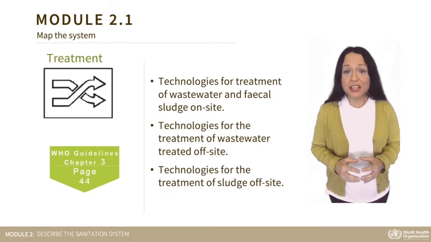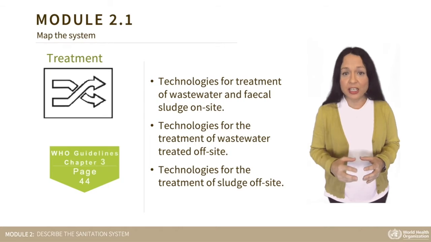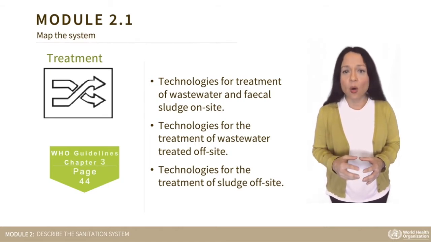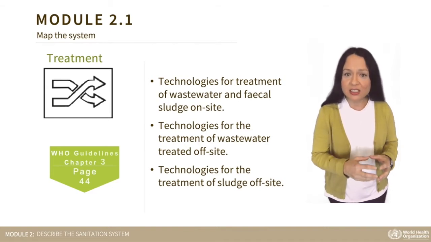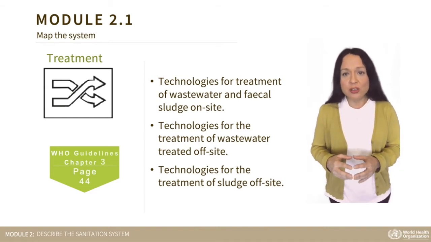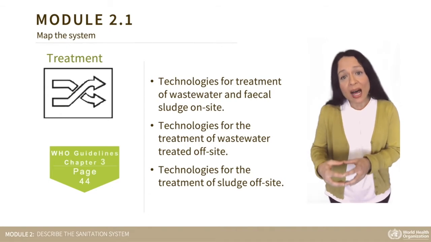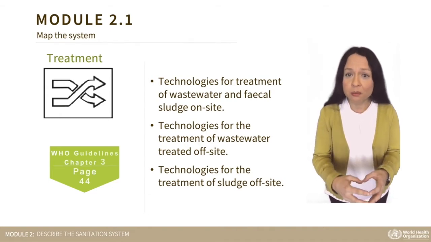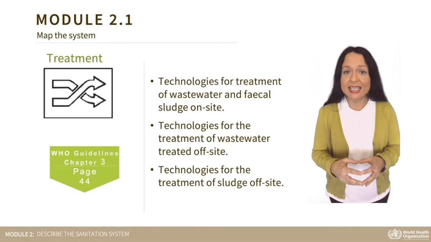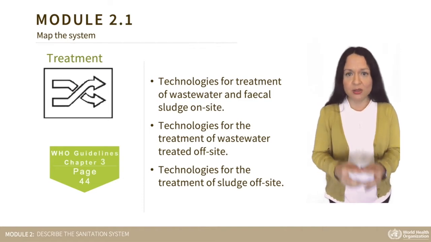Treatment. It refers to the processes that change the physical, chemical, and biological characteristics or composition of fecal sludge or wastewater, so it is of a quality that is fit for purpose for the intended next use or disposal.